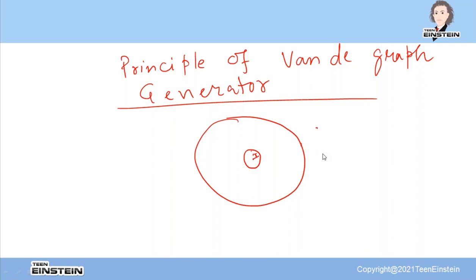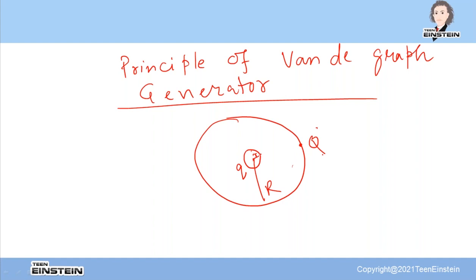Now suppose this small sphere has charge small q on its surface, and this has charge capital Q. What is the potential on the surface of this small sphere and on the surface of this capital spherical cell? We want to calculate the potential.